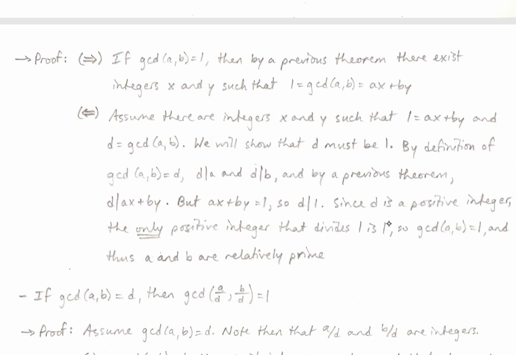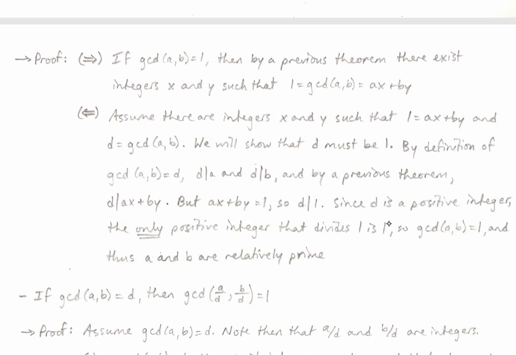And going back to our basic properties of divisibility, you think back to property number 7, d then divides any linear combination of a and b. So therefore, d has to divide ax plus by.